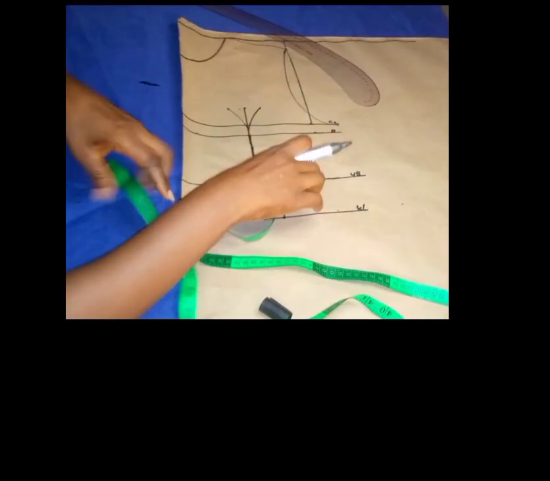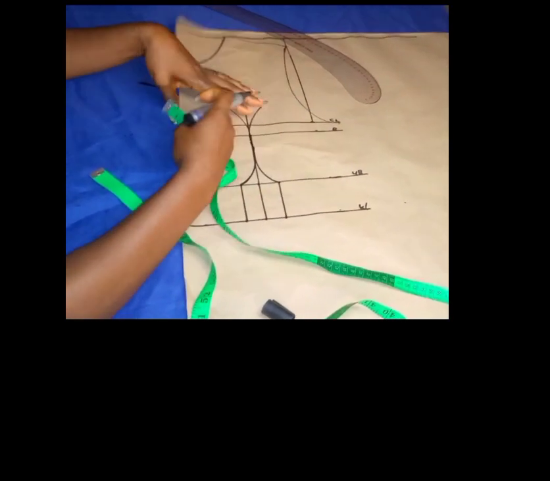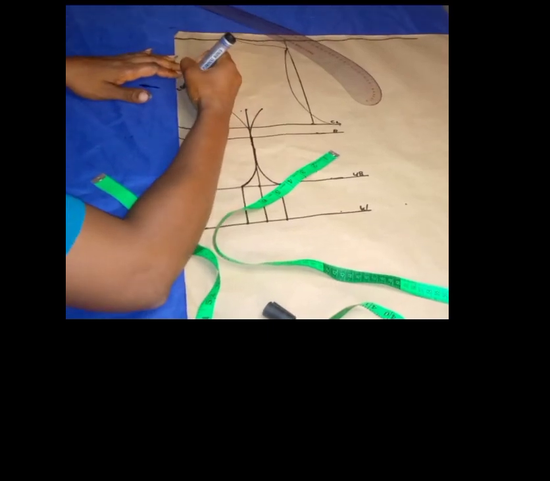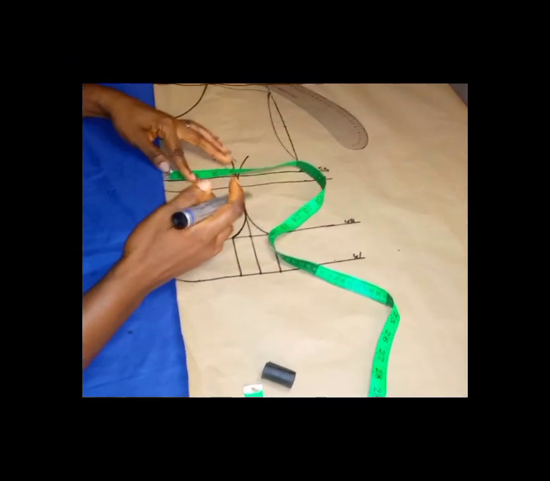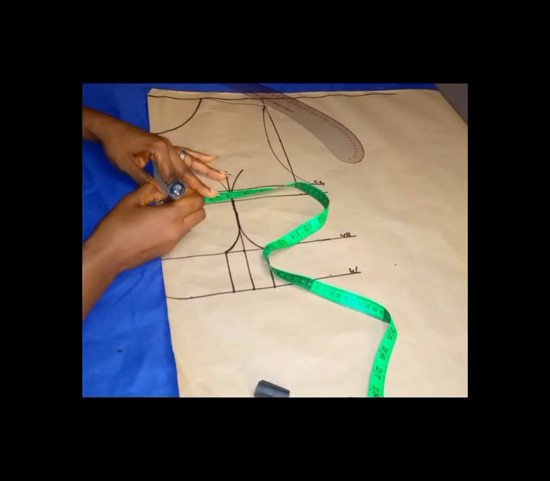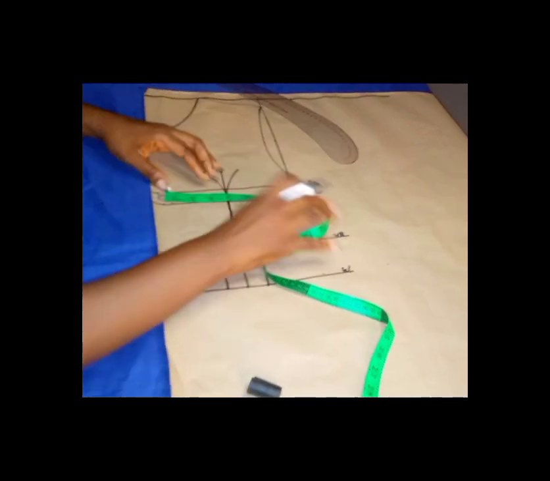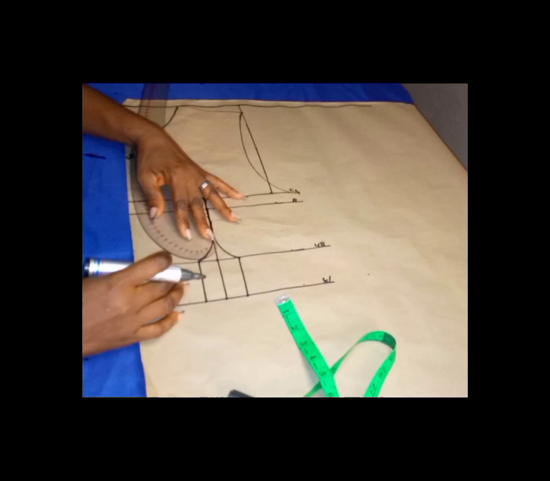So next, at the center front, I'm going to take half an inch. You know it's in a fold, so when you open that half an inch, it's going to give you 1 inch. So I labeled that as my center front, and I'm just going to mark half an inch at the chest line and also at the bust line.